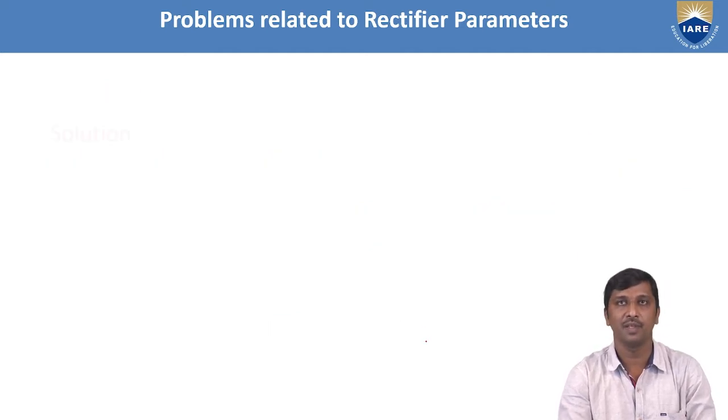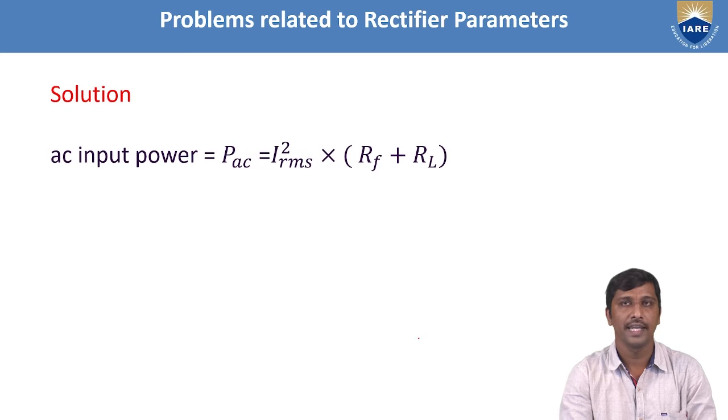Now again in the problem they asked for the AC input power. AC means we need to calculate with respect to the transformer here. We know that the transformer output is also an AC voltage. Hence, we need to consider the AC current or RMS current, so I square RMS.